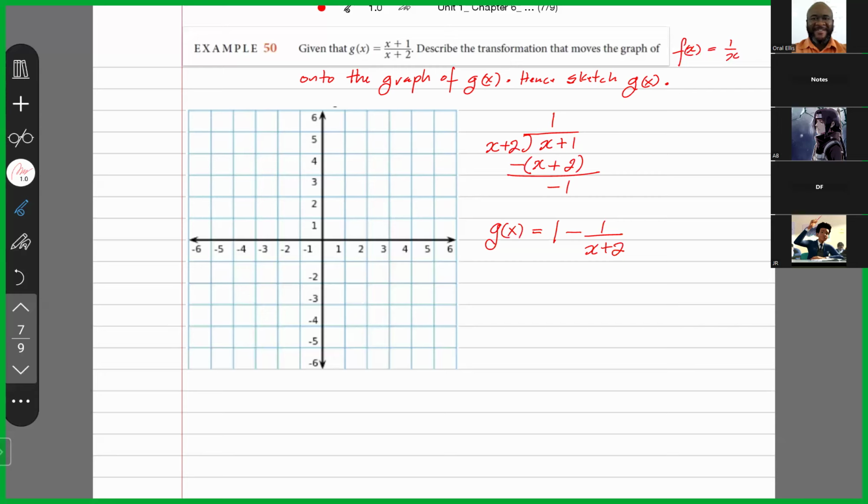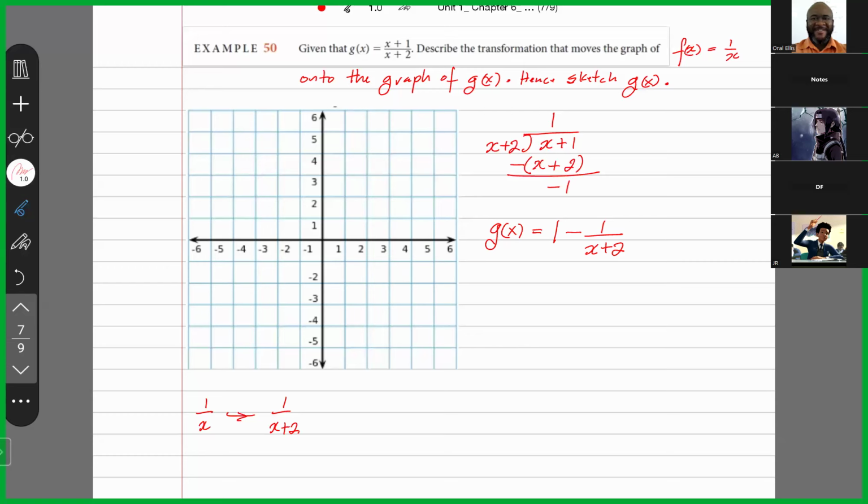We're asked to describe the transformation that moves the graph of f of x equals 1 over x onto the graph of g of x, and sketch g of x. You're starting off with 1 over x. If you move to 1 over x plus 2, that is a horizontal translation of 2 units to the left.